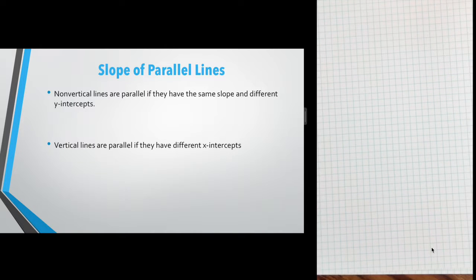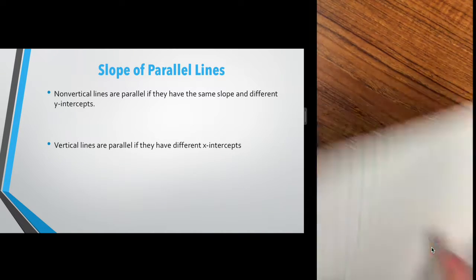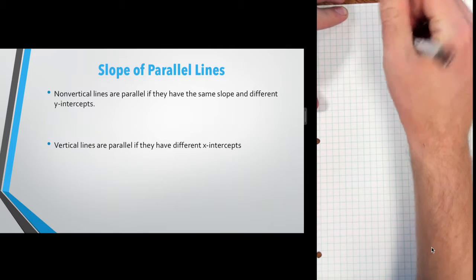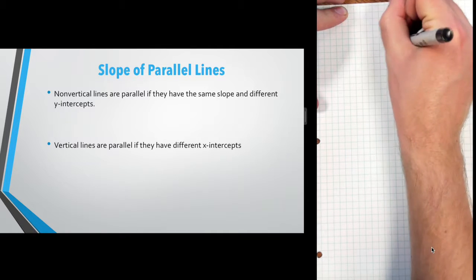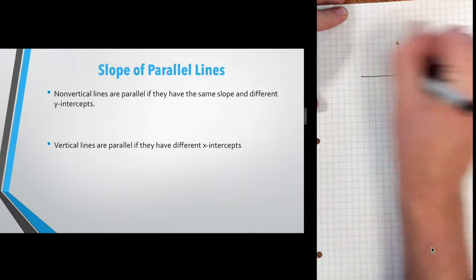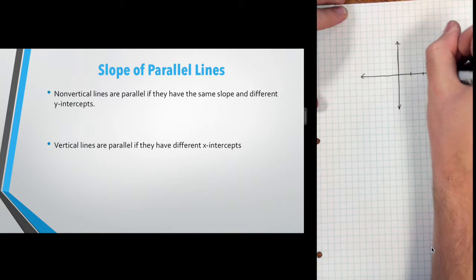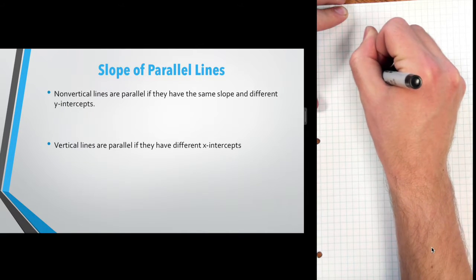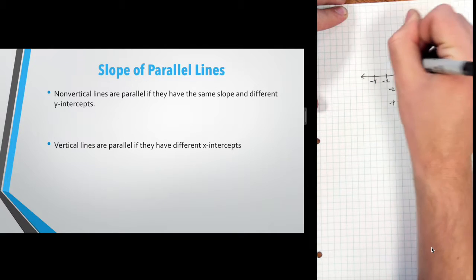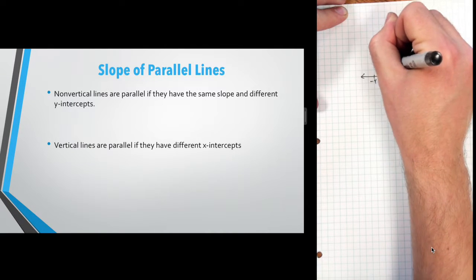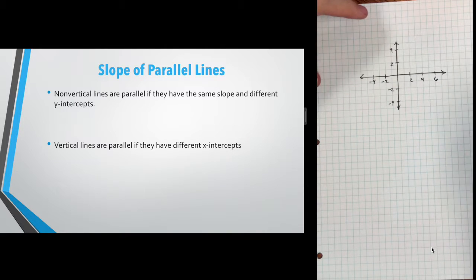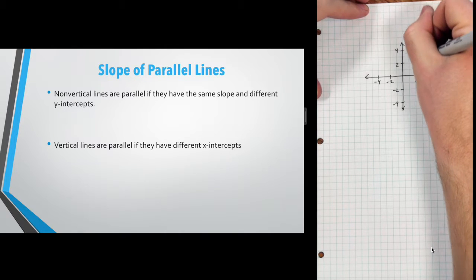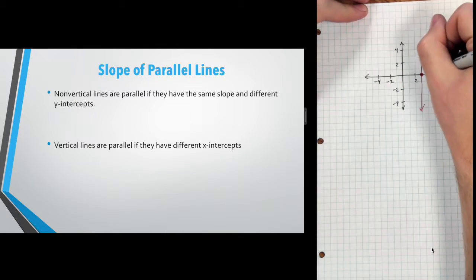What that means is if you have your coordinate plane, then two vertical lines might be at 3 and 5.